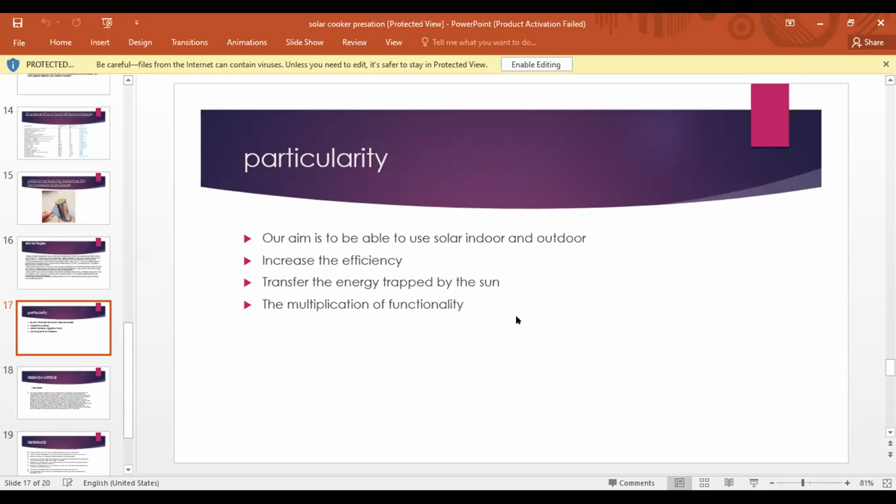For example, most can only cook rice and potatoes, which are very easy foods to cook. Also, there is the multiplication of functionality: we can employ this parabolic reflector in different areas, for example in industrial areas and domestic areas where a high amount of temperature is required.